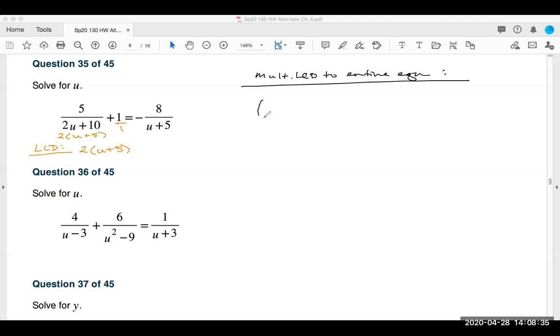I have 5 over 2 times (u plus 5) plus 1 equals negative 8 over (u plus 5) right now. So I'm going to multiply by 2(u plus 5), 2(u plus 5), and 2(u plus 5).